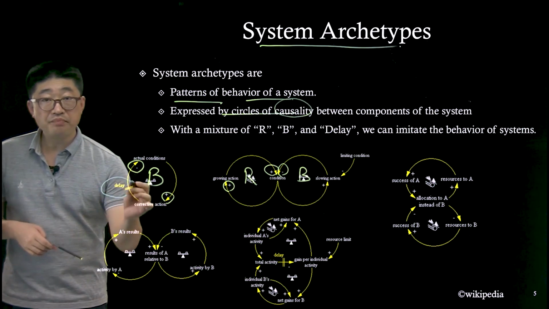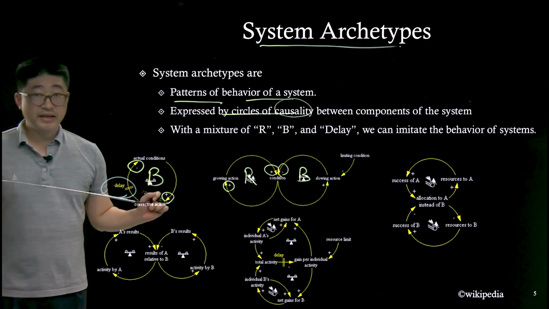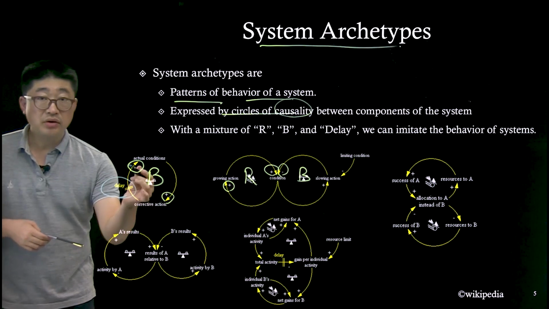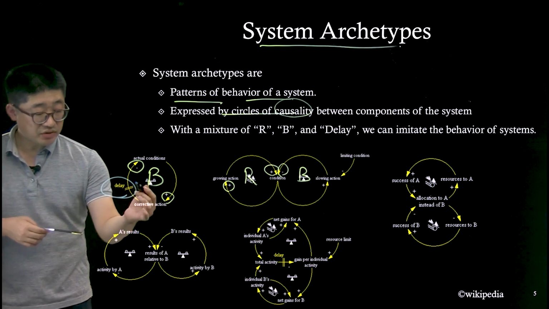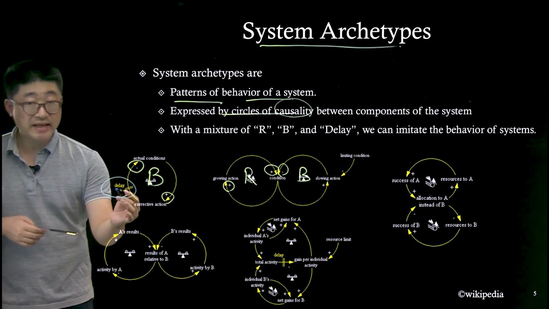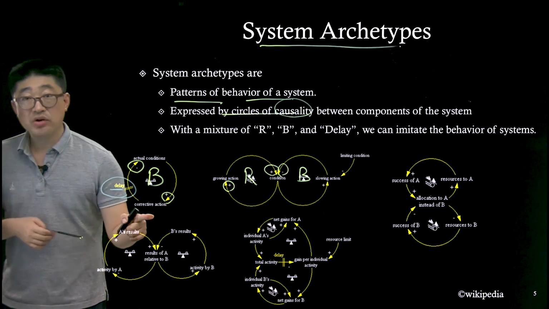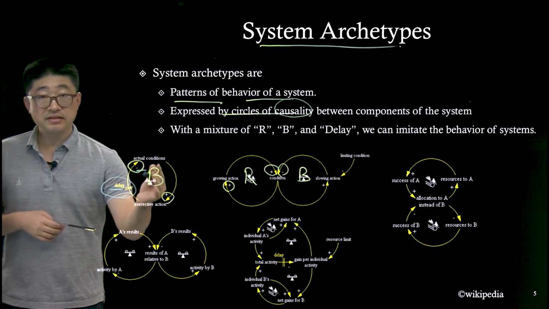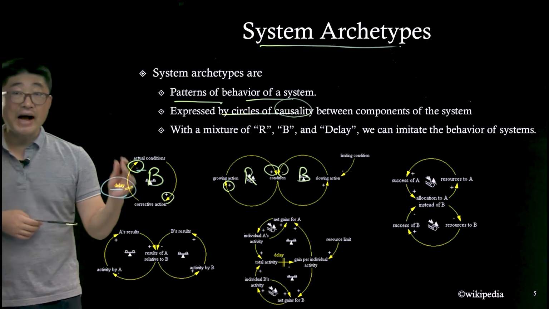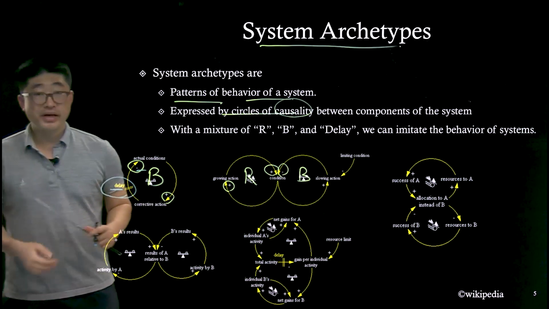Okay, and also we didn't specify the notation of delay here. The delay can be notated like this on the causal link, by crossing lines like this and writing delay. And what it says is that this factor will impact the other factor in a certain direction, however, with some time delay, right?